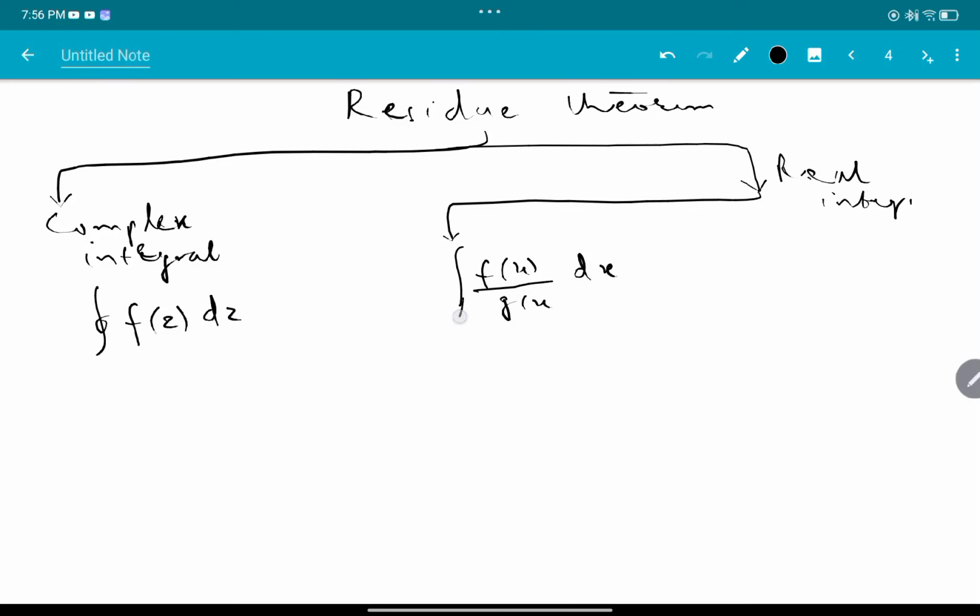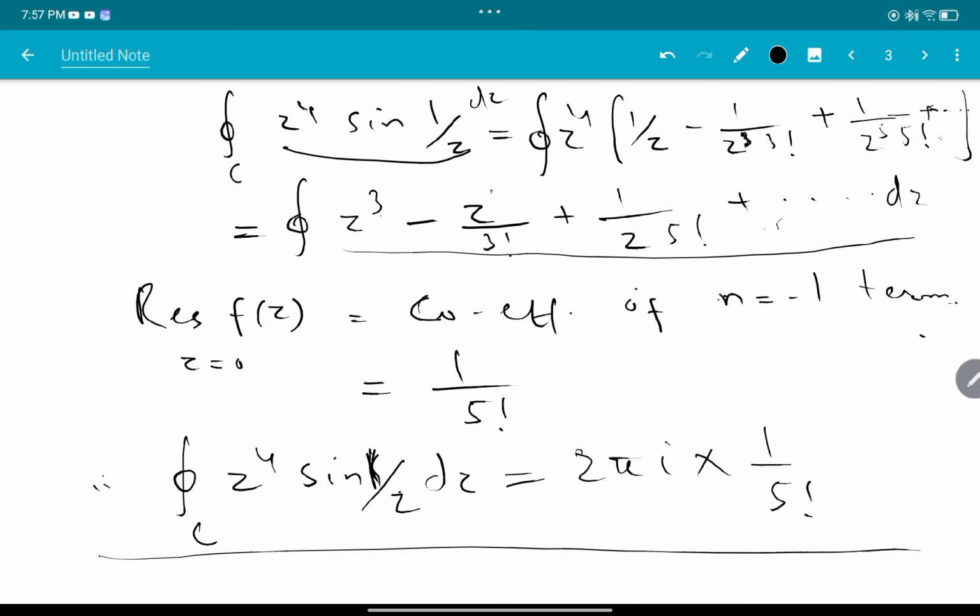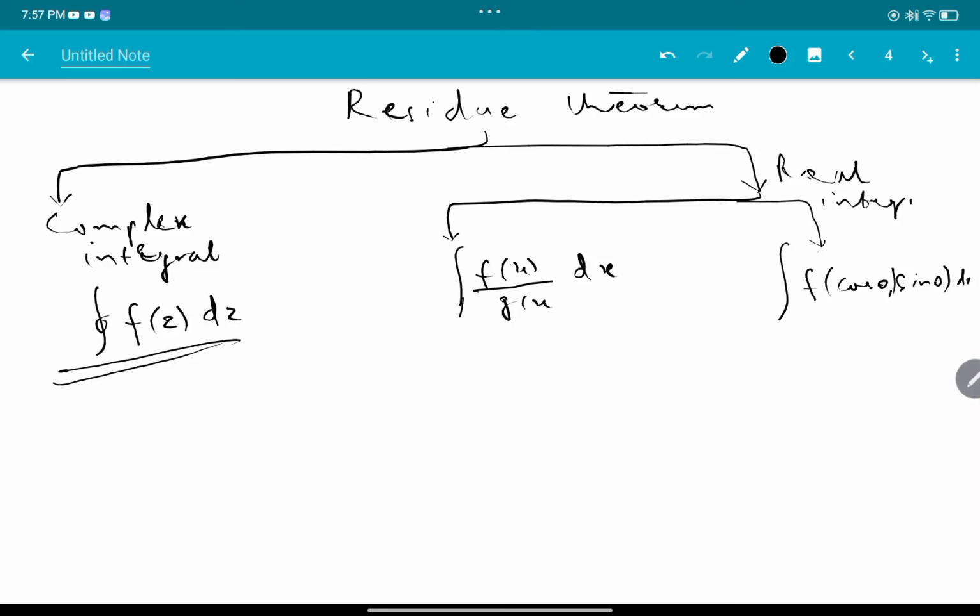Then another type is this type: a function of cos theta, sin theta, d theta, something like this. We already have done this. That's quite easy, you can do these yourself now. We will go first to this type of integral as an example, and then to this. Both will be real integrals.